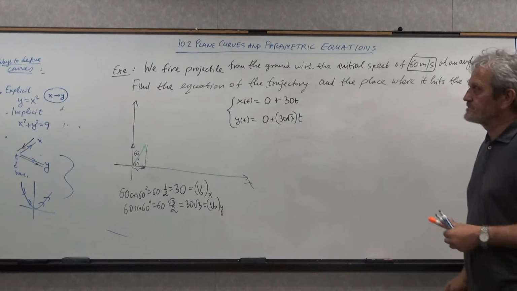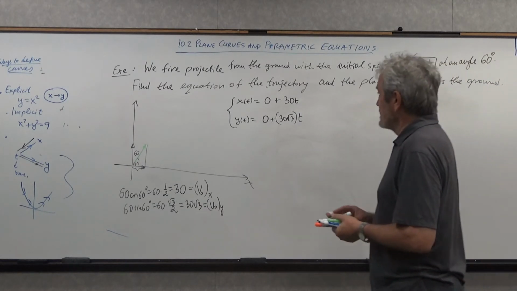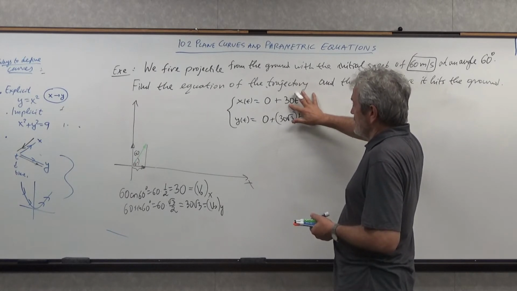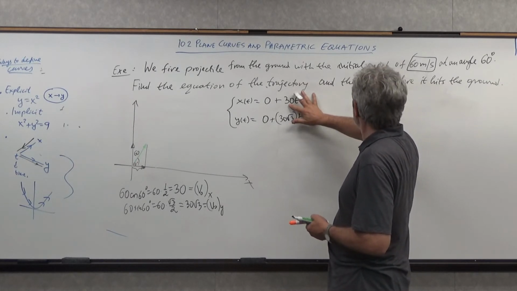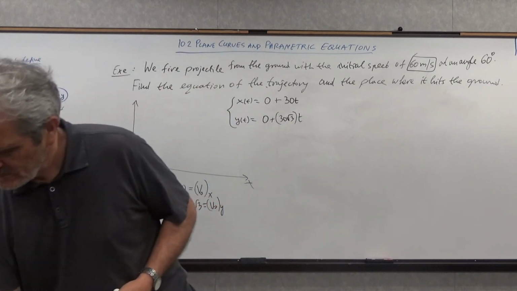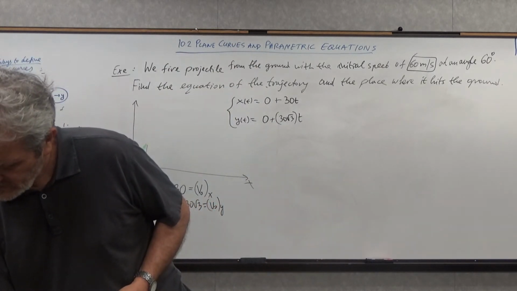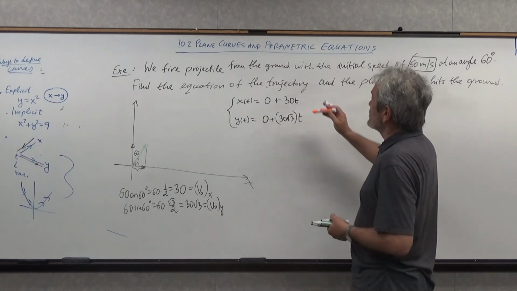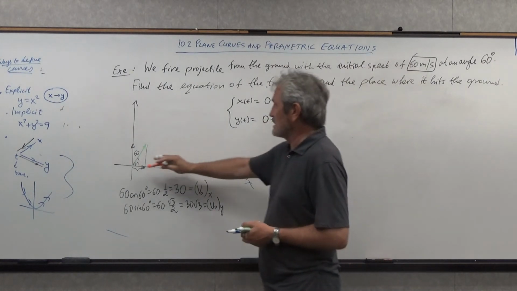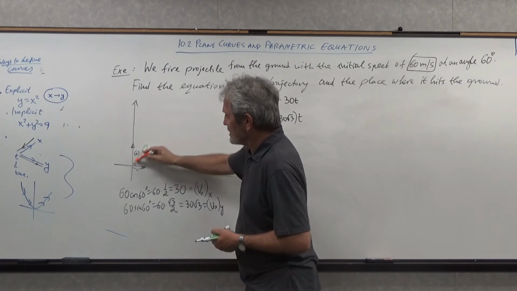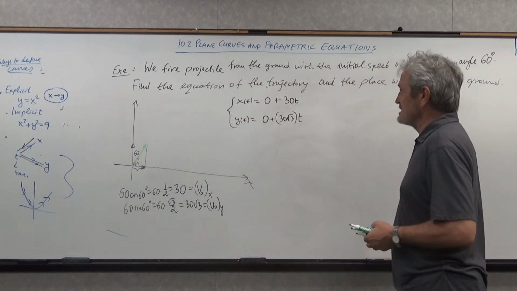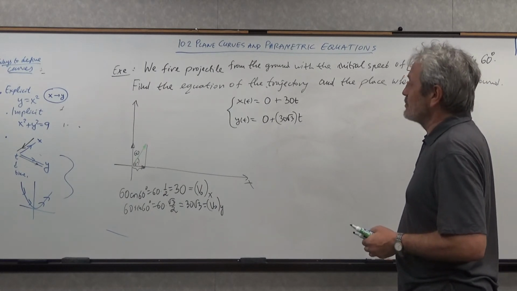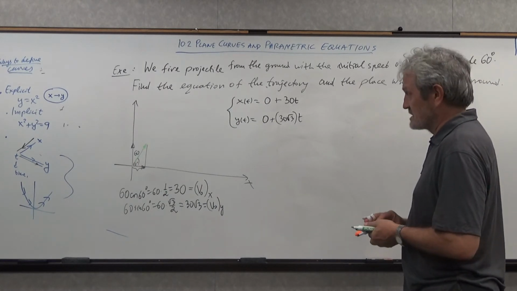This would be the motion where basically every second you cover 30 meters horizontally, 30 root 3 vertically, altogether you cover 60 meters at that angle. It is the metric system. That would be true if this was done without any additional forces.